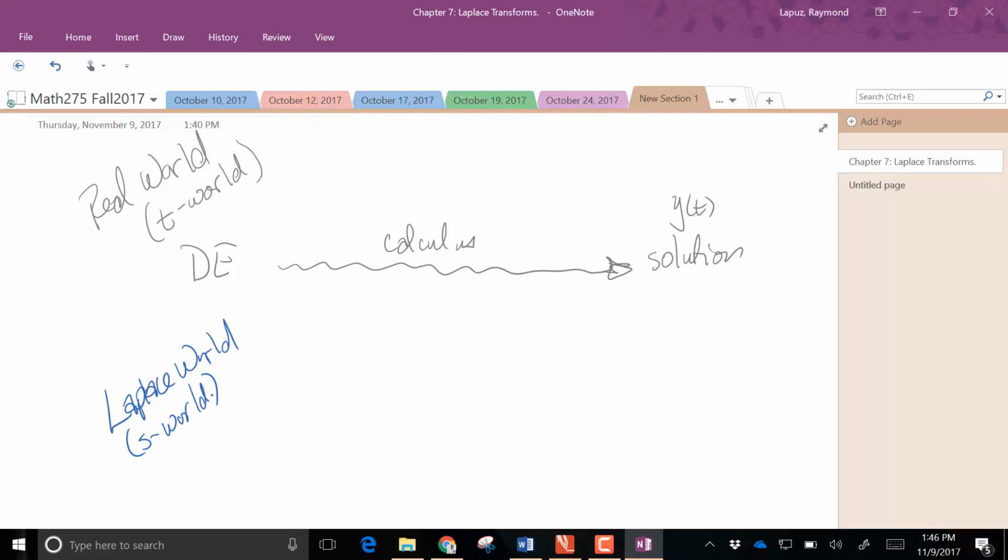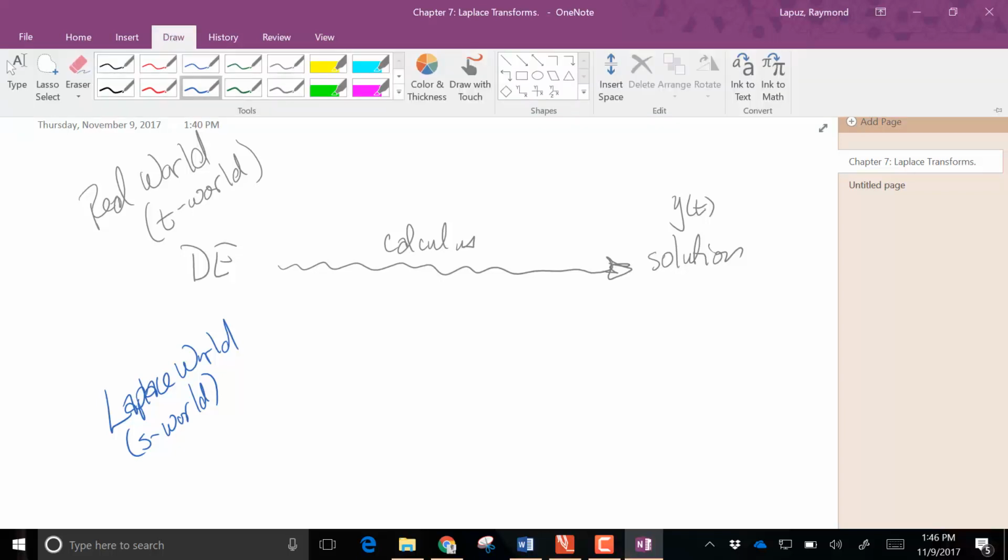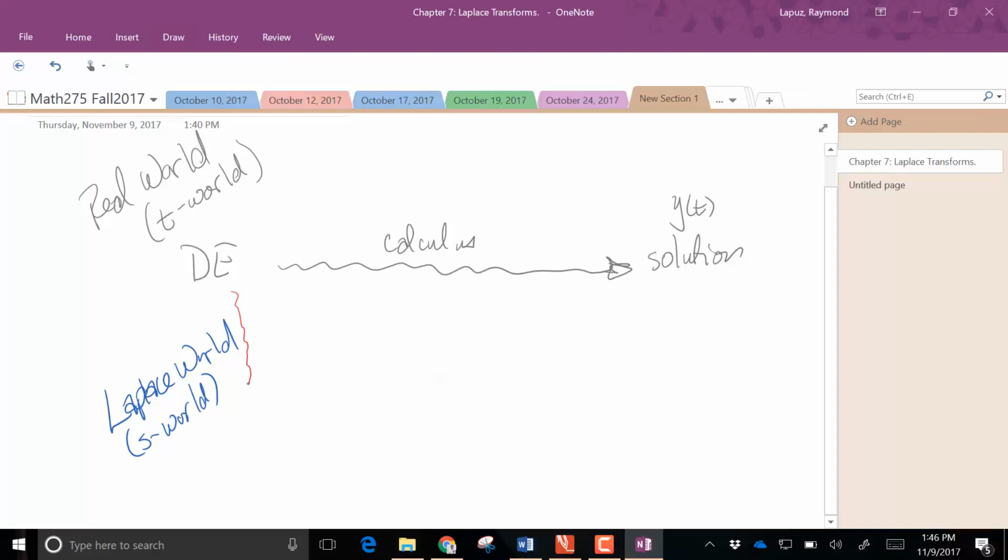Our difficult looking differential equation in the real world is going to move into the Laplace world and become an algebraic equation.